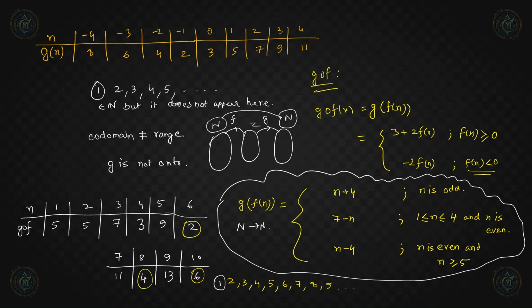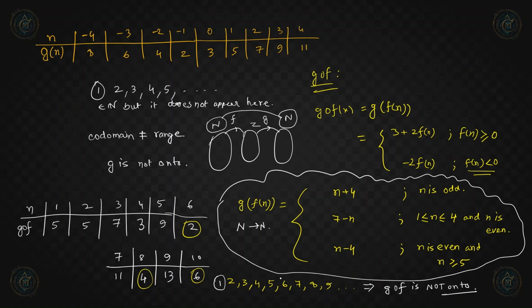So we must have this 1 in our range for this function to be an onto function, but we don't have 1 in our range, that means this function is not onto. So we can say clearly g∘f is not onto.